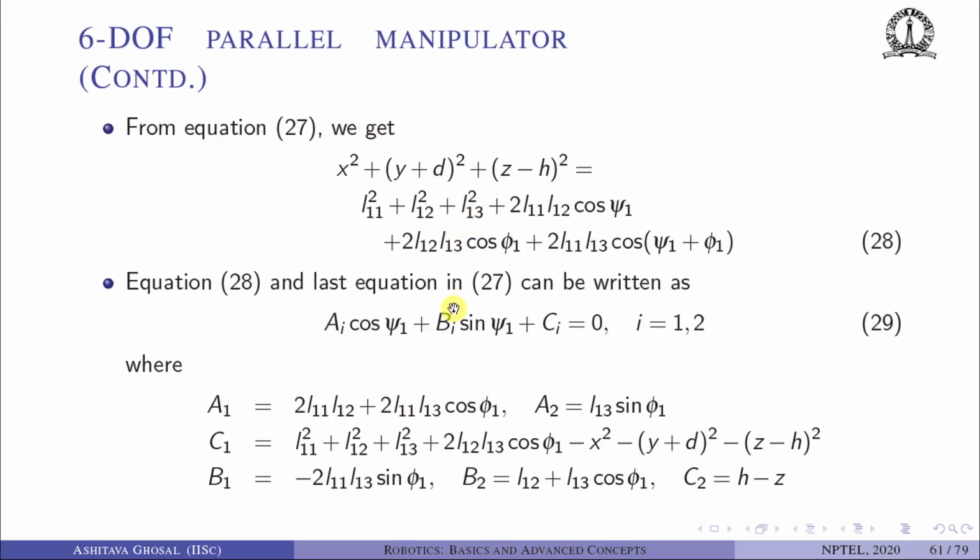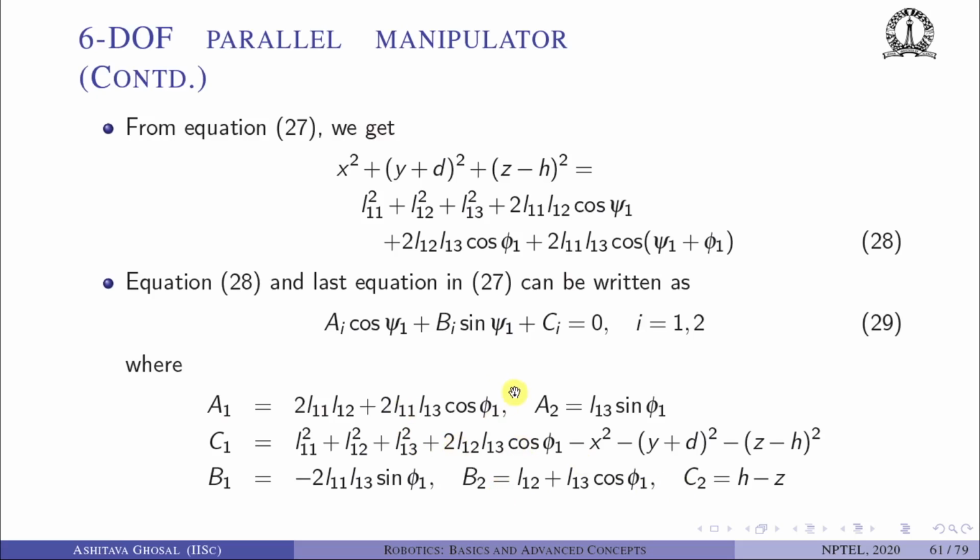So we have two equations in phi 1 and psi 1, and they can be written in this form: a1 cos psi 1 plus b1 sin psi 1 plus c1 equals 0, and similarly for i equals 2. And we can compute a1, b1, c1, a2, b2, c2.